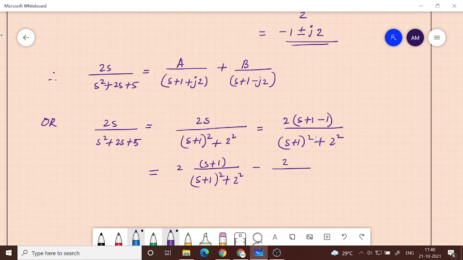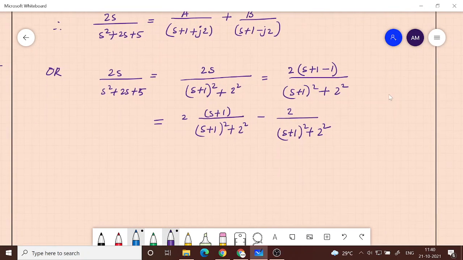So it is 2 divided by s plus 1 square plus, so this is a standard term actually. So what I did is, I just manipulated it so that I will prepare it in standard format.